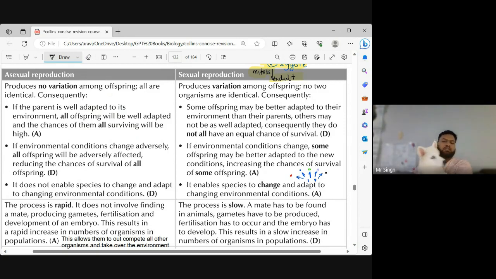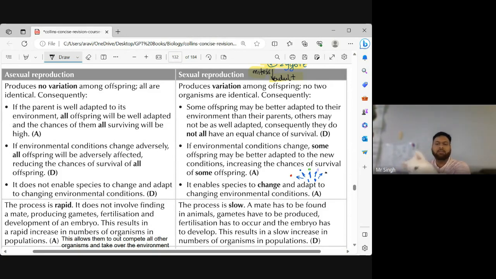Because we have different colors, for any environmental condition that passes through, one of them would be able to survive. Let's say the sun becomes very hot. Well, the dark colored ones will die off, but the light colored one might survive.